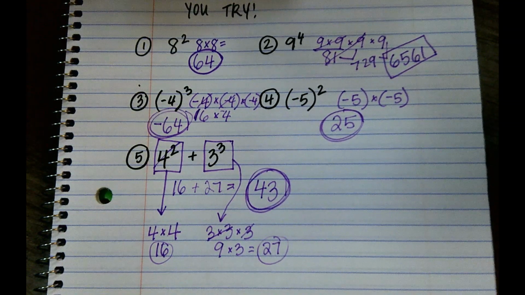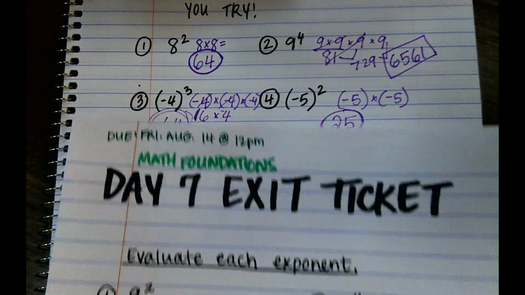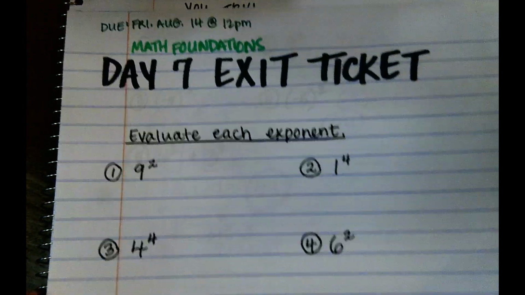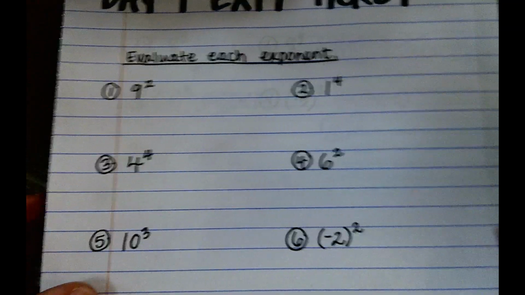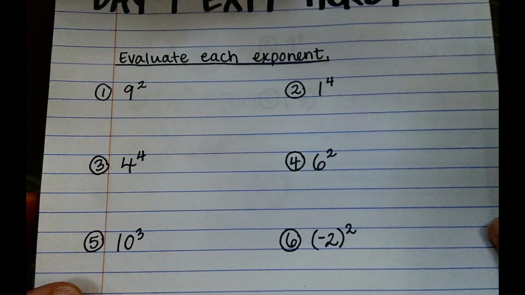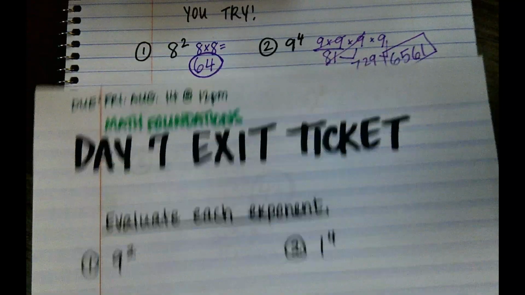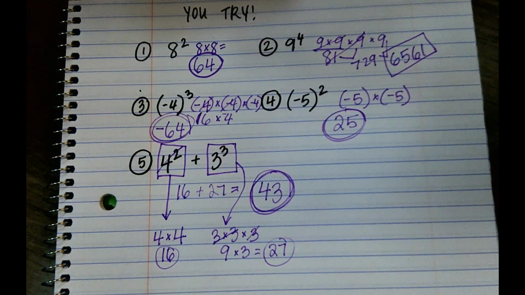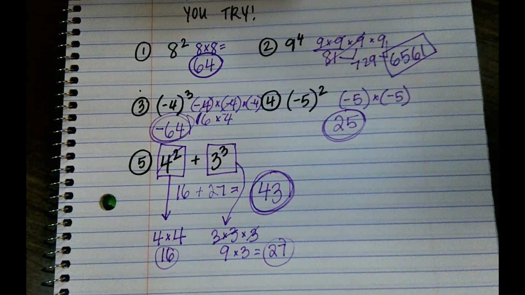We've got tomorrow to finish. Your day 7 exit ticket is 6 exponent problems. Do we turn those in or bring them back? You can turn them in if you finish. If you don't finish before you go, you'll just bring it back and turn it in tomorrow or whenever.